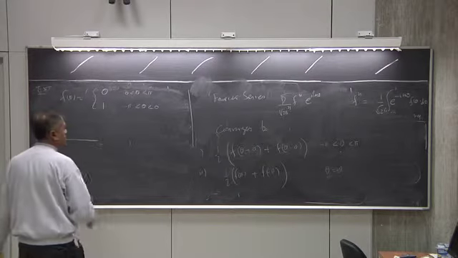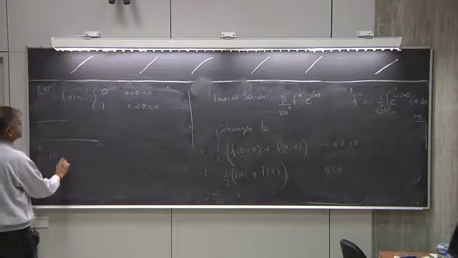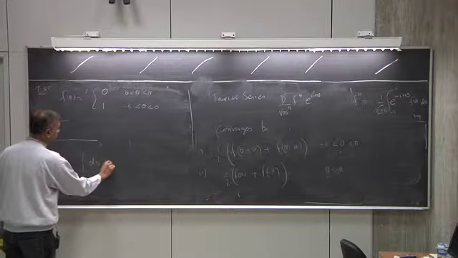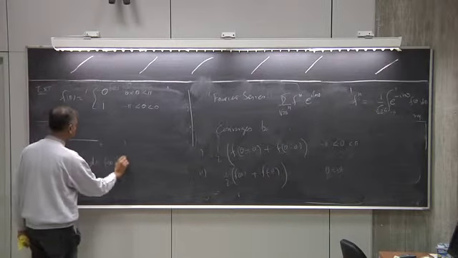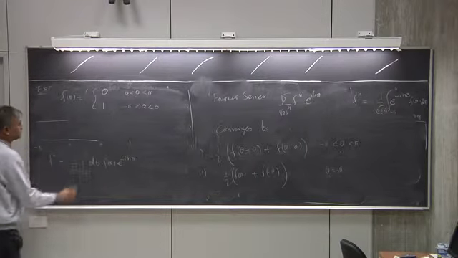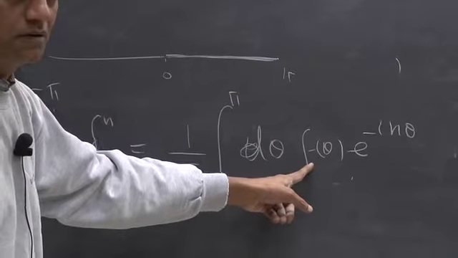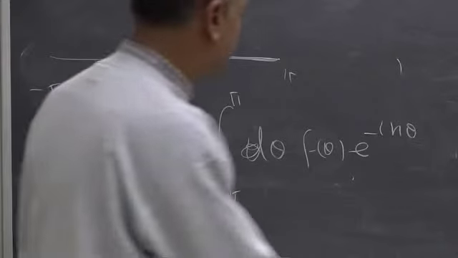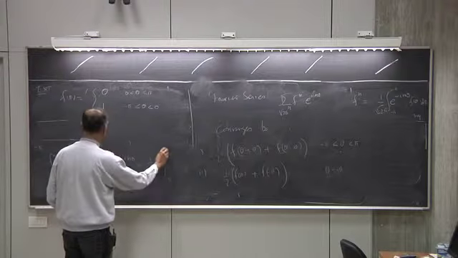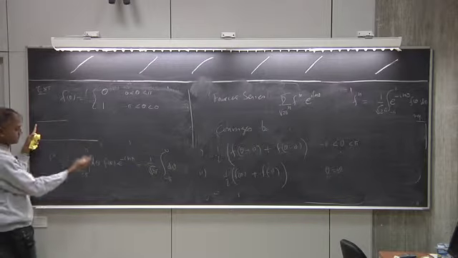So let's compute this Fn coefficient. Fn is simply 1 over root 2 pi, integral from minus pi to pi, d theta, f of theta, e to the minus i n theta. Now in this integral, from 0 to pi, f is 0, so that part doesn't contribute. So this integral is simply 1 over root 2 pi, minus pi to 0, d theta, but f here is simply 1, so I just put 1 there.